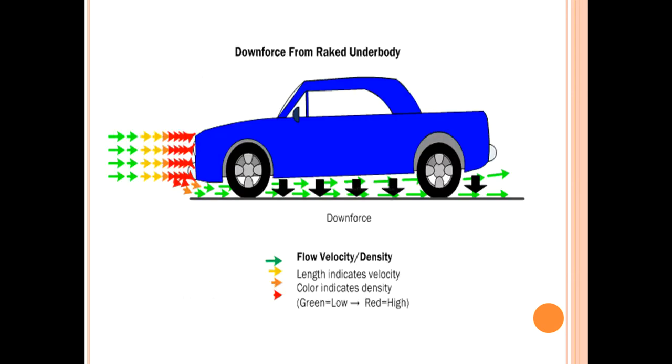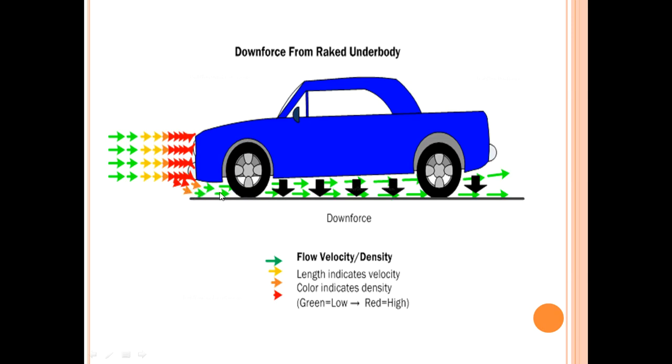Here you can see the air moving through the underside of the vehicle. The front end of the vehicle is much lower than the rear end, so the front end restricts the airflow.